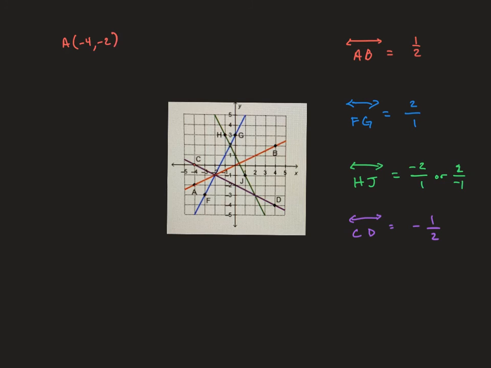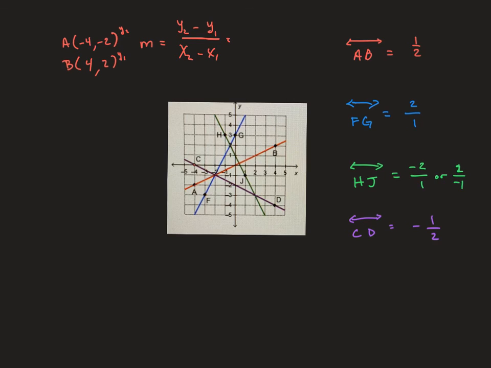And then point B is going to be (4, 2). So I can use my slope formula, and I'll just call this point 2 and point 1. So it is going to be y2 minus y1 over x2 minus x1.